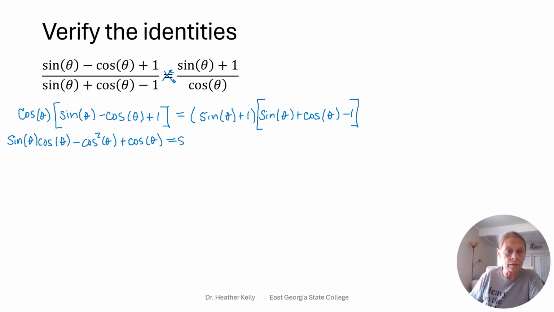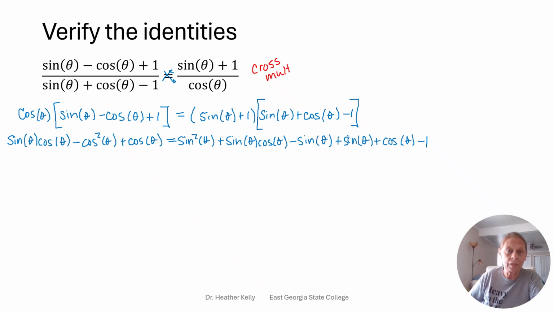So I'll get sine squared theta plus sine theta cosine theta minus sine theta plus sine theta plus cosine theta minus 1. Okay, I'm going to write up here that we cross multiplied. That was our technique that we used here.